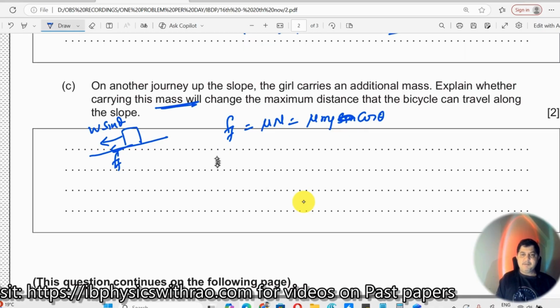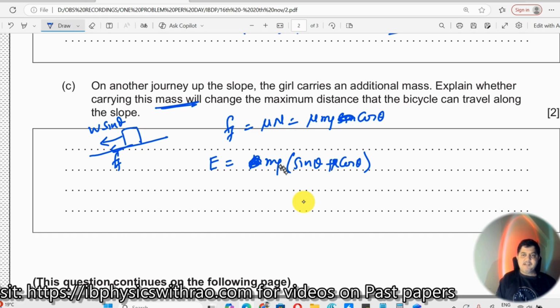So what will happen? The total force taken over by the resistive forces along with the weight will be mg into (sine theta plus mu times cos theta). That is what we get, right? That's what you get over here.